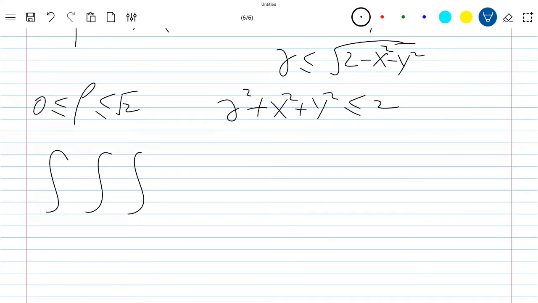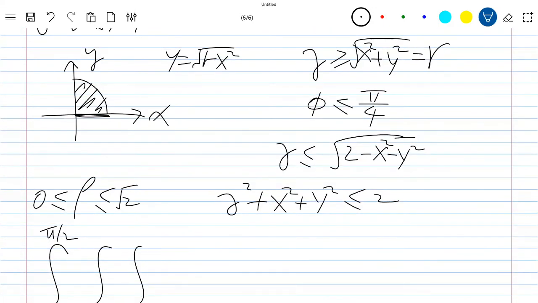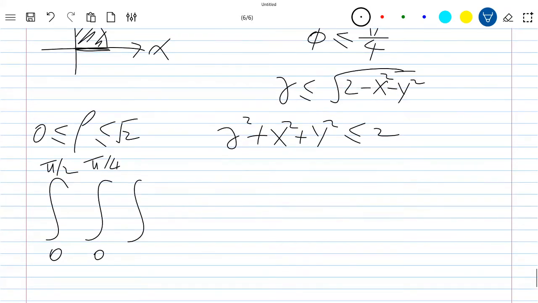So let's write the limits first. What is the limit for theta? It's 0 to pi over 2, not 2 pi. And for phi, it's 0 to pi over 4. And for rho, it's 0 to square root of 2.